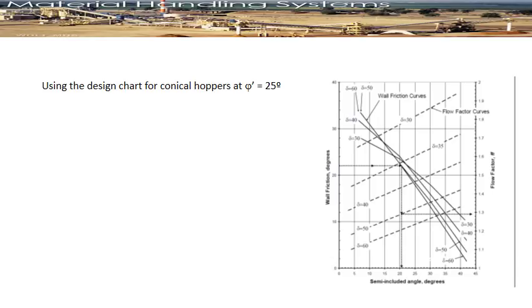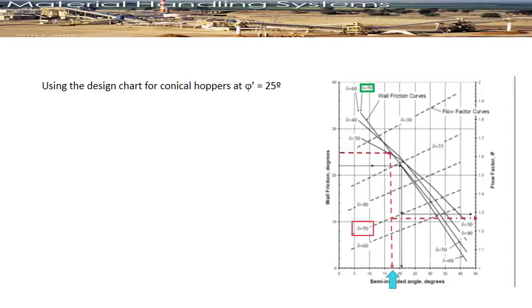So using the design chart for conical hoppers with phi equal to 25 degrees, from 25 degrees we go to the line where delta is equal to 50. Then we go down all the way to find the semi-included angle in degrees, which is about 17.5 degrees here.